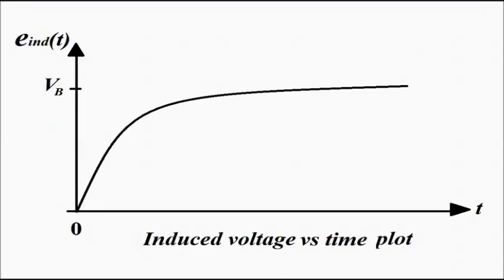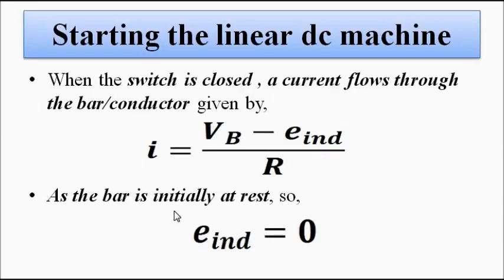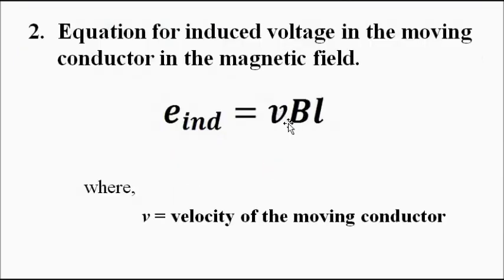Next, induced voltage. At start, when the bar was initially at rest, the induced voltage was 0, because velocity was 0 and induced voltage is VBL.